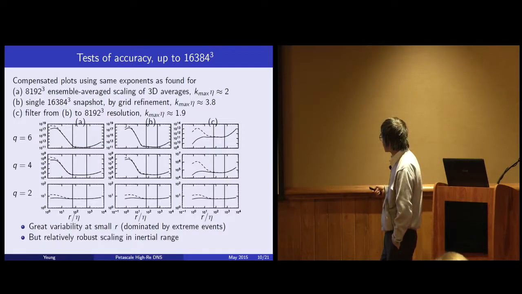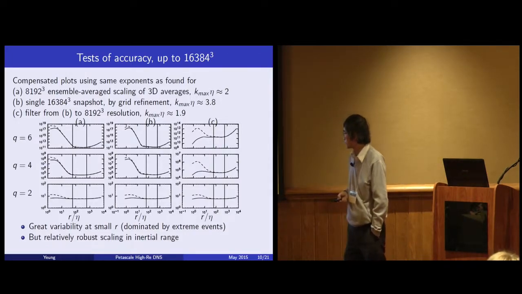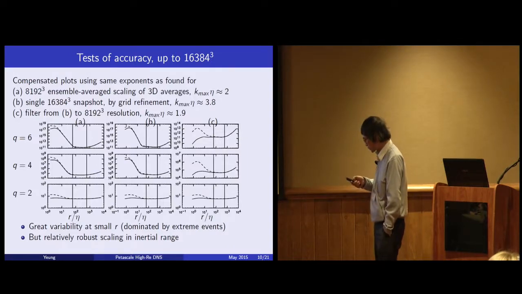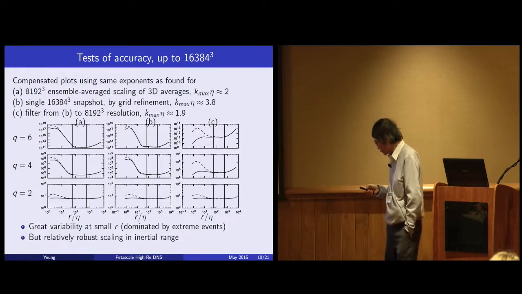And the numbers change, as you might see here. Here the largest value is 10 to the 17, and now it's down to 10 to the 13 or so. But if we go to the intermediate range, we see that the numbers there are quite comparable. And in particular, the scaling exponents that we would arrive at appear to be almost the same. So that shows that our results are actually robust.